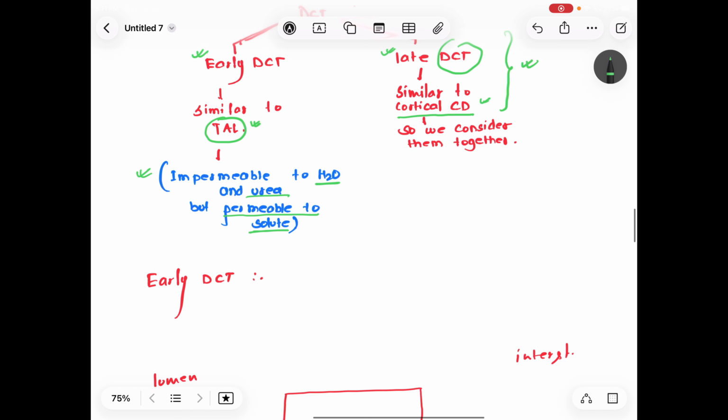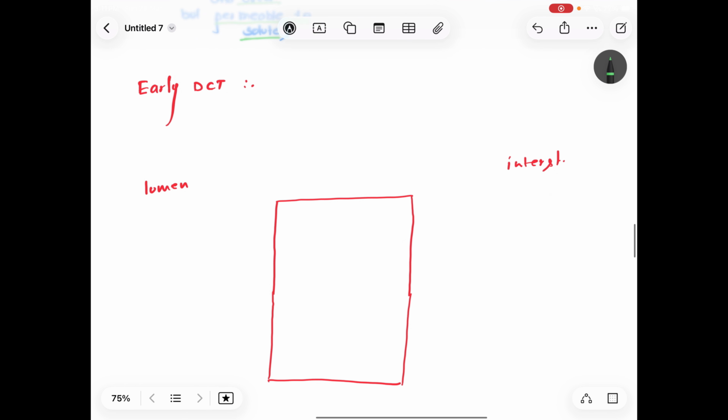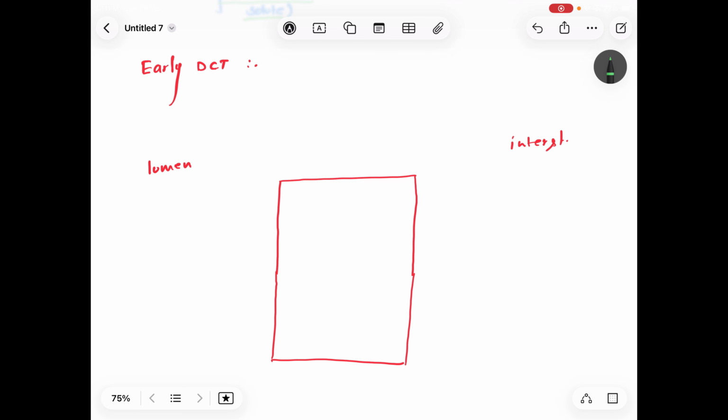Now coming to the early DCT. Like other nephron segments, we have this cell. This is the apical membrane. This is the basolateral surface. This is the luminal side. This is the interstitium side. Like other nephron segments, we have one active transporter called sodium potassium ATPase, which throws 3 sodium outside and brings 2 potassium inside the cell.